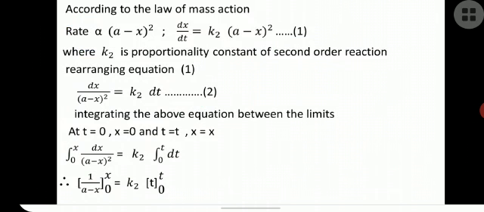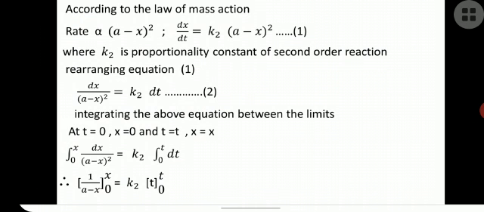It is equation number 2. Integrating the above equation between the limits at t is equal to 0, x is equal to 0, and t is equal to t, x is equal to x, we get integration of dx upon (a minus x) square, limits from 0 to x, is equal to k2 into dt, limits from 0 to t.